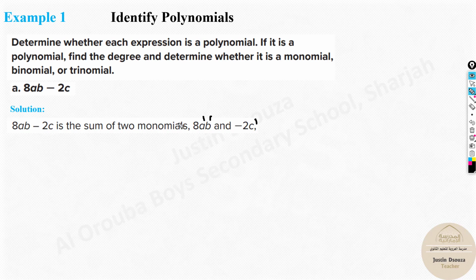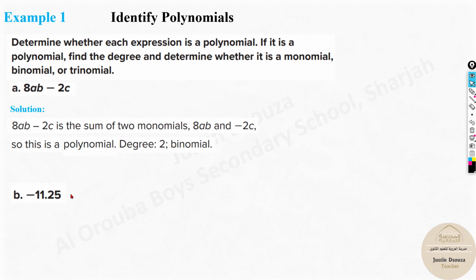B is also having 1 degree. So the degree for this monomial would be 2. Why? Because a is having 1, b is having 1. Add them up, it would be 2. So this is a polynomial, yes, but the degree is 2. It's a binomial because there are only 2 terms, and that's it.